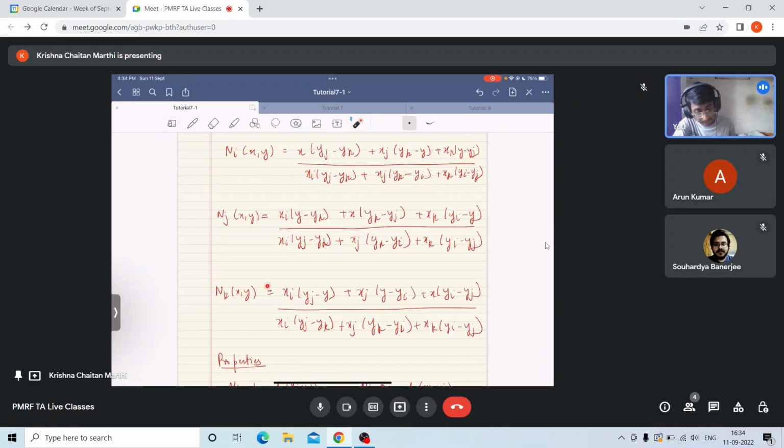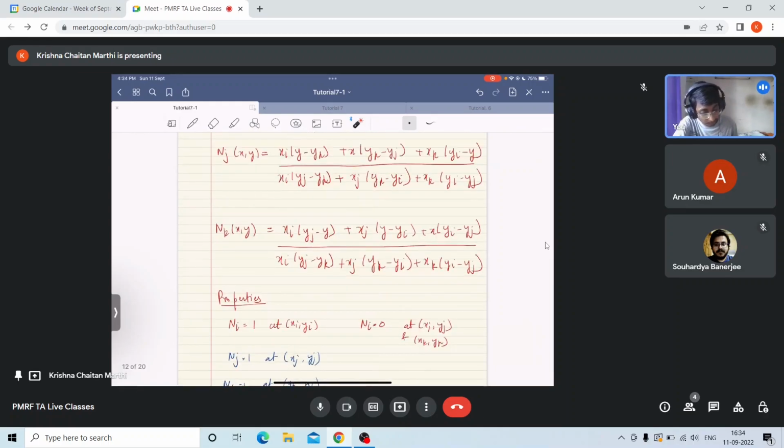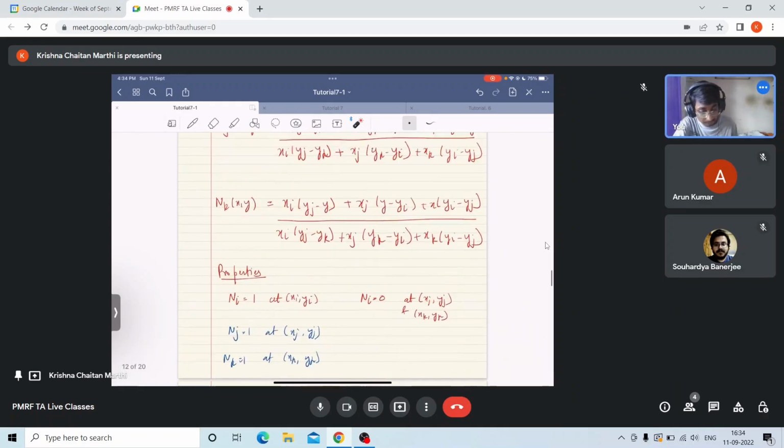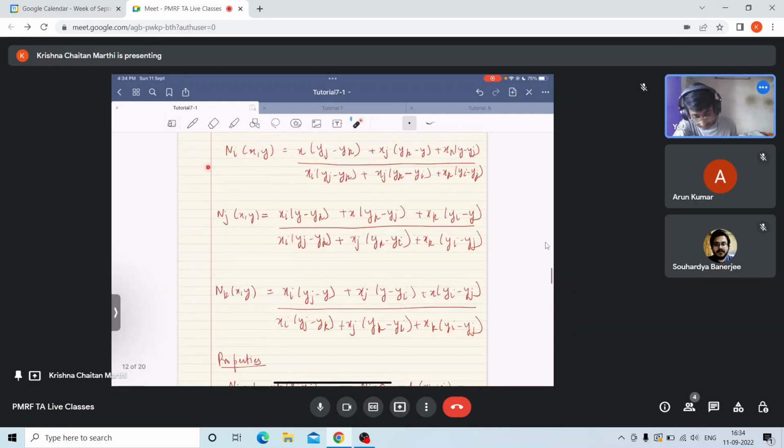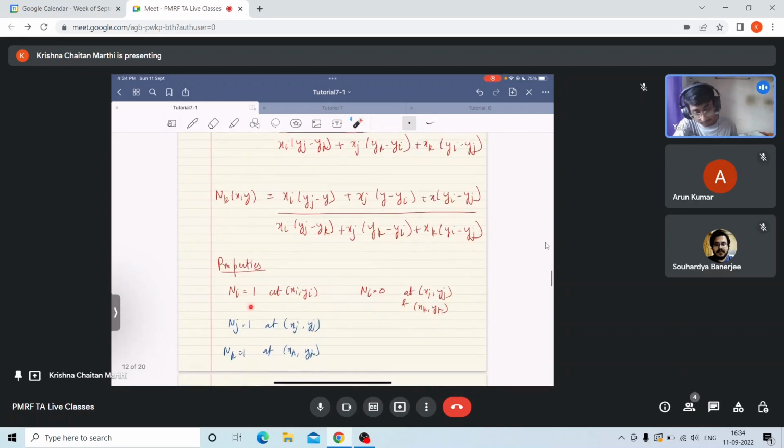Similarly Nj and Nk can be found, and again you can see that these properties hold true: the summation of Ni is 1, and Ni is equal to 1 at xi yi, Nj is equal to 1 at xj yj, and at other locations they are 0.